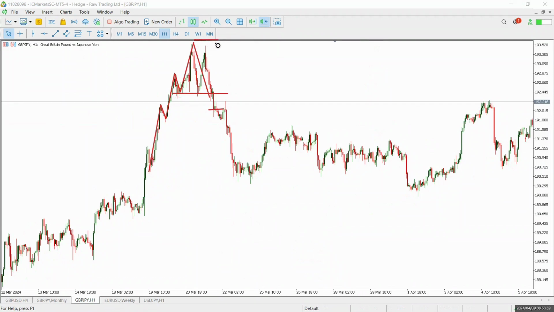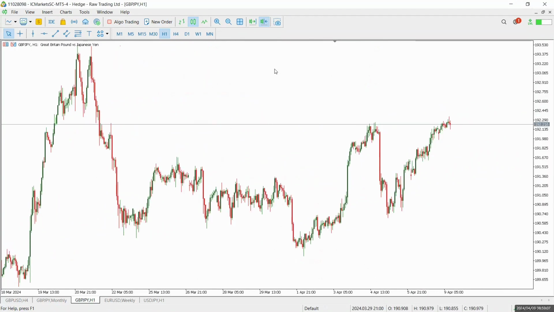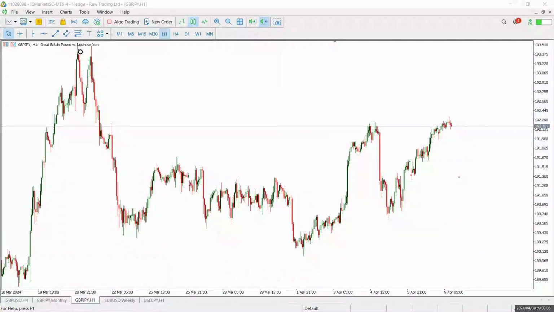So if it's a break of a bullish structure, your stop loss has to be set above the last high, while if it's a break of a bearish structure, your stop loss has to be set below the last low. So it's important to set a stop loss using the simple price action driven rules.